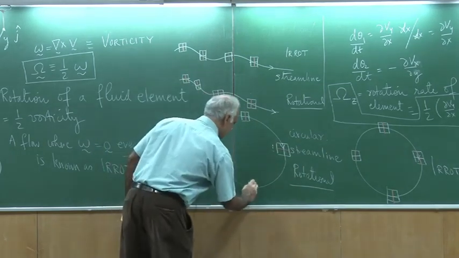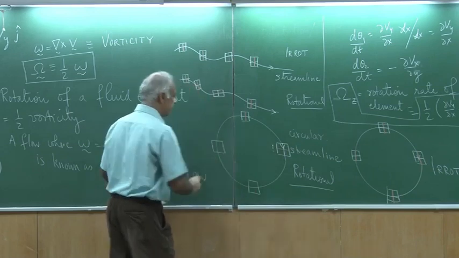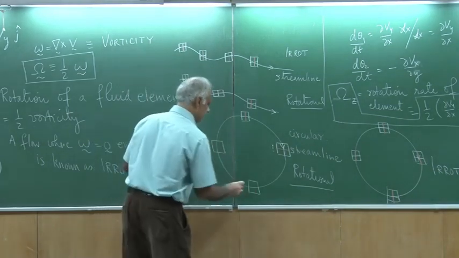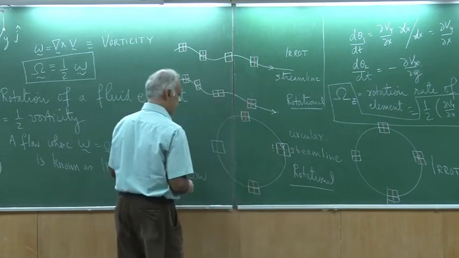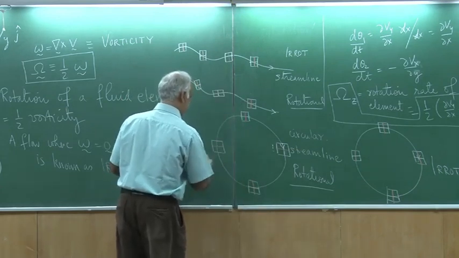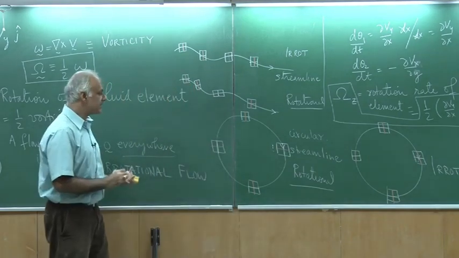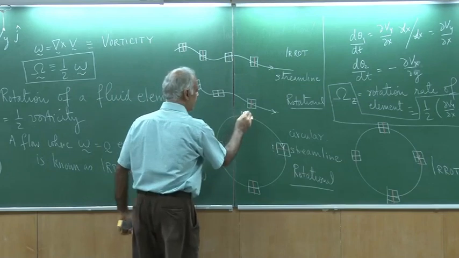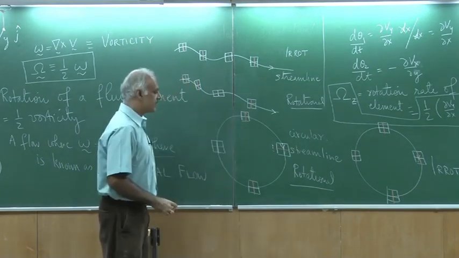So, just to complete the diagram, I have intentionally taken a square element, but this time, just to distinguish, I will put an arrow on this to show you the direction.